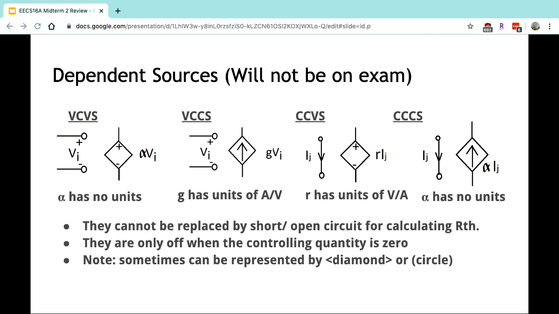You can have a voltage that's dependent on another voltage or current, and you can have a current that's dependent on a voltage or current somewhere else in the circuit. Notationally, you might see diamonds or circles. Either of these are valid. The way that you know it's a dependent source is if the value is dependent on some quantity that's not necessarily known right away. So from here, I'll hand it off to Miyuki.